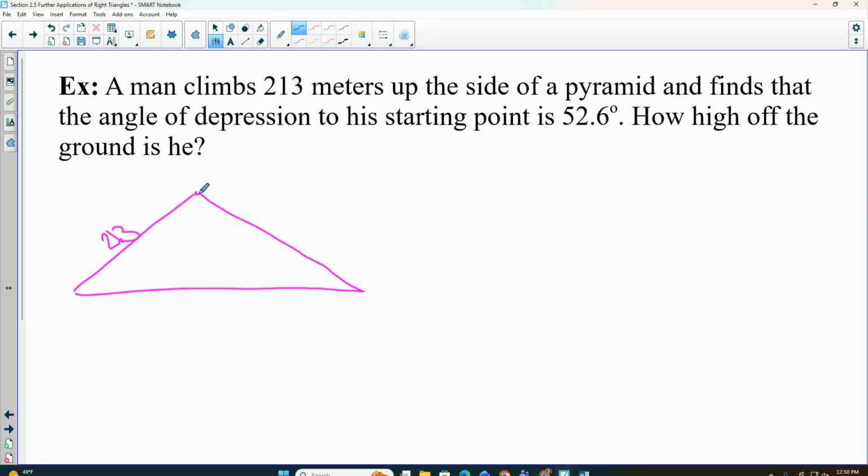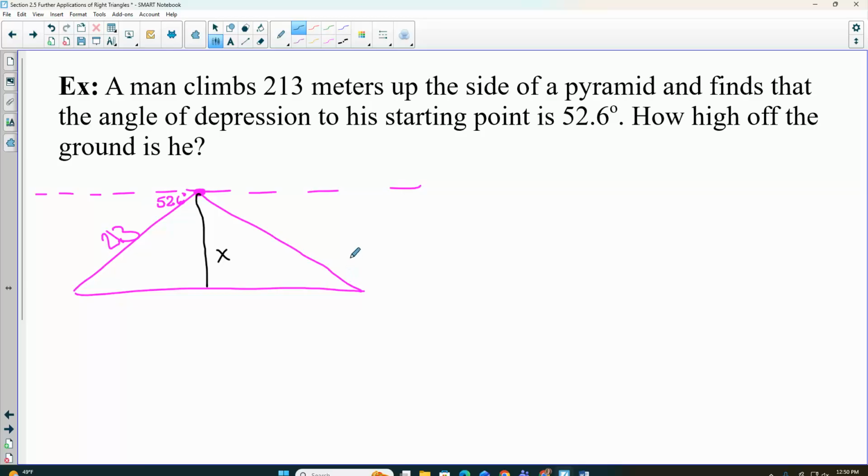Angle of depression is from a horizontal down. So he climbed up, we're at the top. If I want an angle of depression, I have to draw in a horizontal line here. So from there down, my angle is 52.6 degrees. How high off the ground is he? So I'm looking for this height.